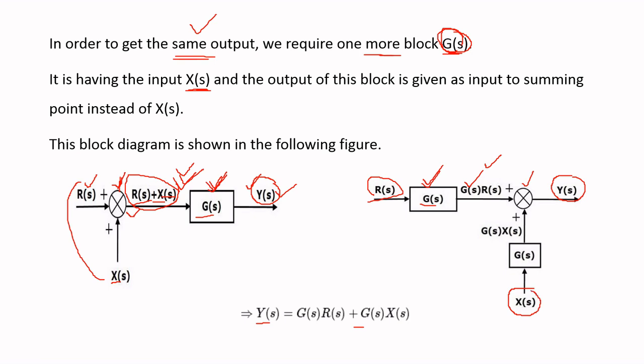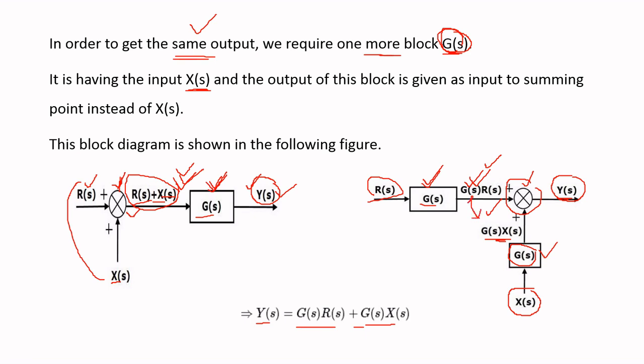This x of s is given to the block with the transfer function g of s, so the output of this block is g of s into x of s. These two outputs are given to the summing point. So the output of the summing point is g of s into r of s plus g of s into x of s, that is the summation of these two inputs.